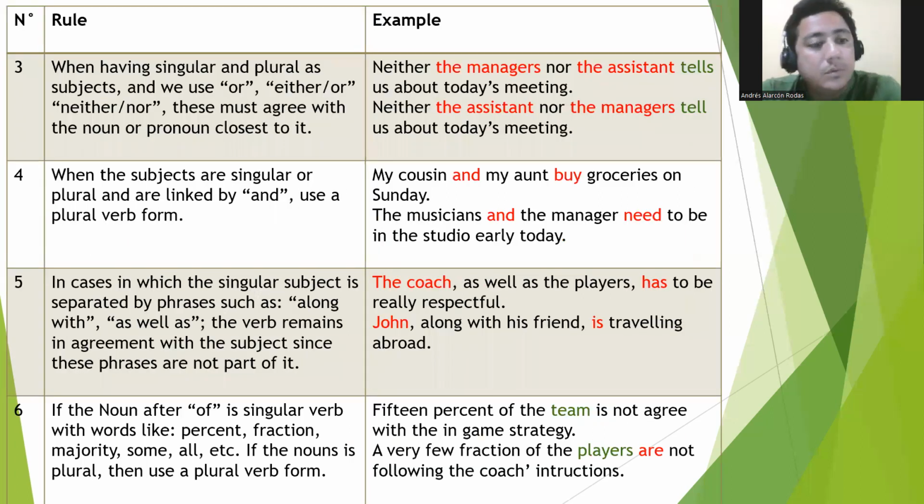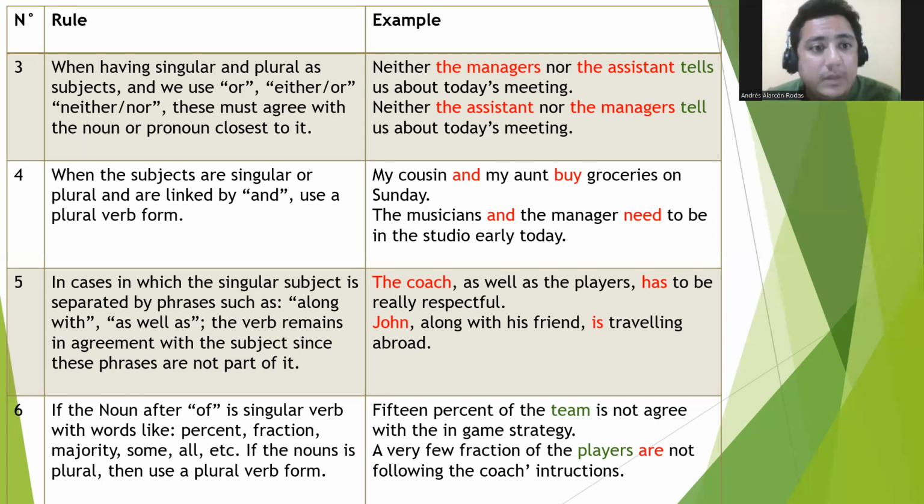In the third rule, when having singular and plural as subjects, and we use or, either or, neither nor, these must agree with the noun or pronoun closest to it. My example, neither the managers nor the assistant tells us about today's meeting. So in this case, I am respecting the rule and I clarify this through this example.